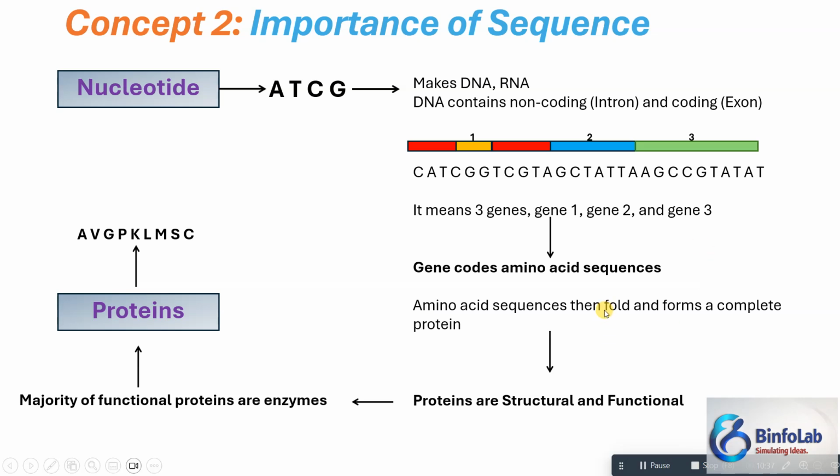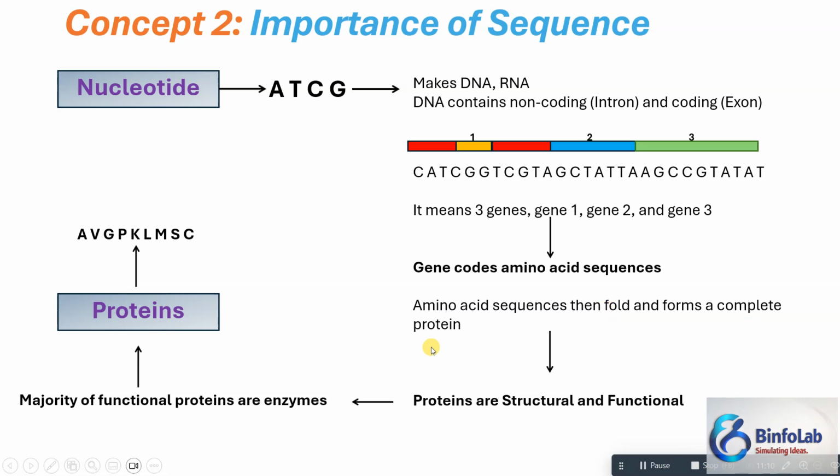It becomes a protein when it folds. When they get folded, in that case we call them proteins, because when we say protein, it means the protein should be able to perform functions, and the amino acid sequence individually cannot perform functions. It has to fold to perform function.